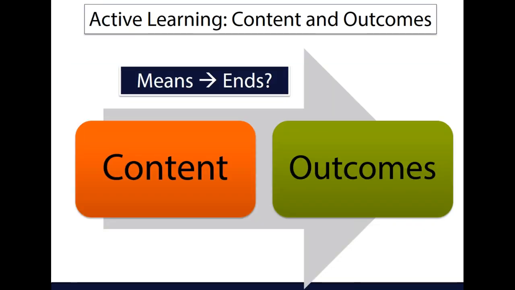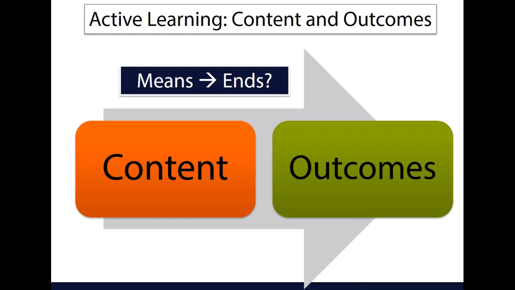I'm going to offer a suggestion. Is the content the means and the outcome the end? I know I'll get pushback on this, so I'm going to drive on, but I want you to think about this.